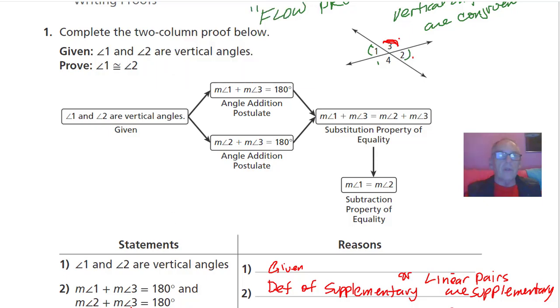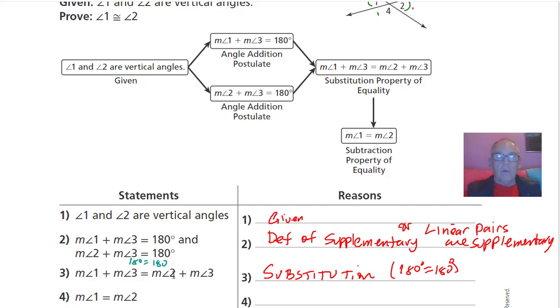If we look at step 4, we can see that angle 3 has been taken away from both sides. So that leaves us with measure of angle 1 equal to the measure of angle 2. That's subtraction property of equality. We subtracted measure of angle 3 from both sides. Sometimes you can abbreviate POE for property of equality, but it's subtraction property of equality.